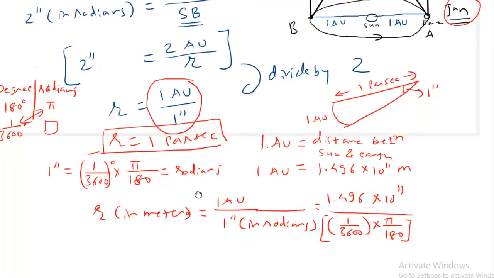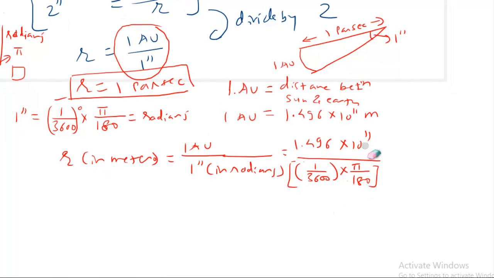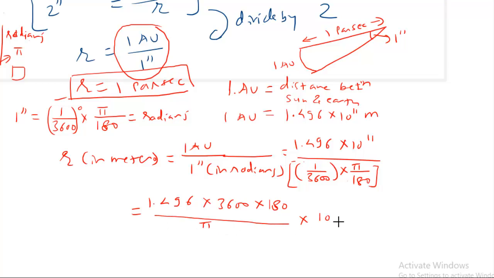Let us solve it further. It is 1.496 multiplied by 3600 multiplied by 180 divided by pi multiplied by 10 raised to the power 11. After solving 1.496 multiplied by 36 multiplied by 18 divided by pi, 3 zeros are left, that will be added with this 11, that is 10 raised to the power 3 multiplied by 10 raised to the power 11.